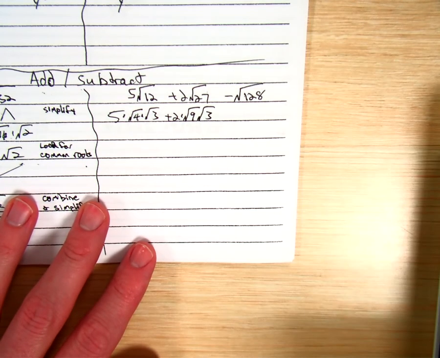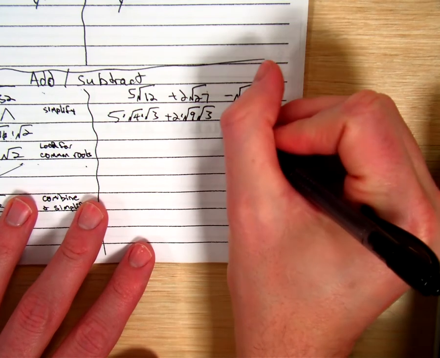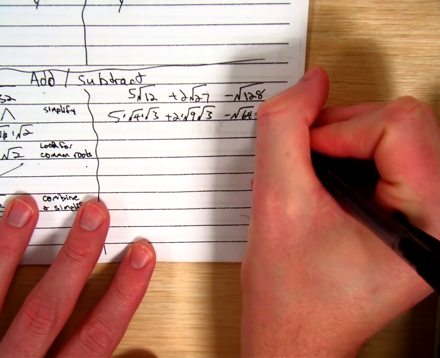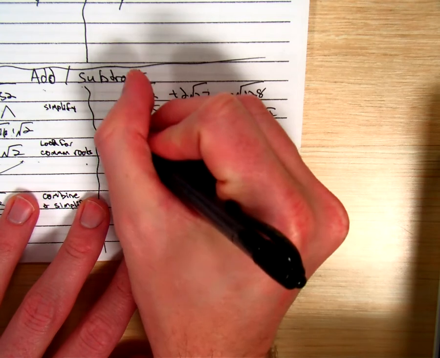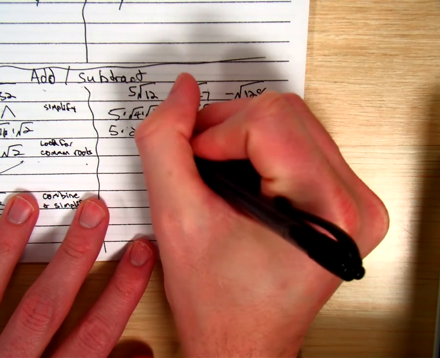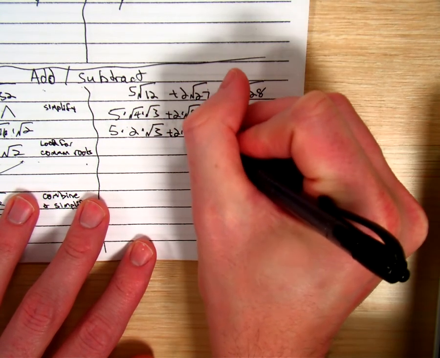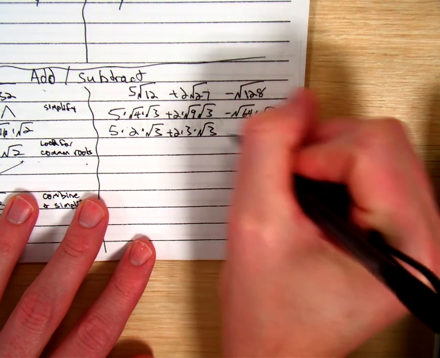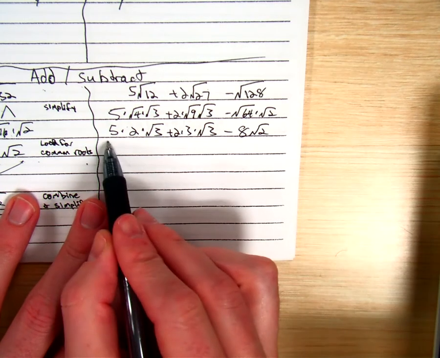And 128. What's the biggest perfect square? 64 times 2. So we have a 5 times 2 times the square root of 3 plus 2 times 3 times the square root of 3 minus 8 radical 2.